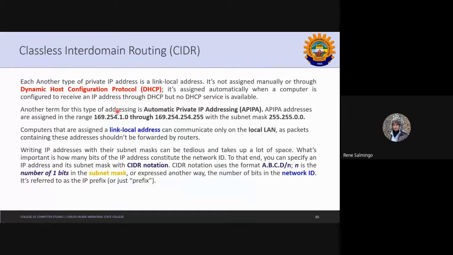And another type of private IP address is a link-local address. Usually, we have this term, Dynamic Host Configuration Protocol.